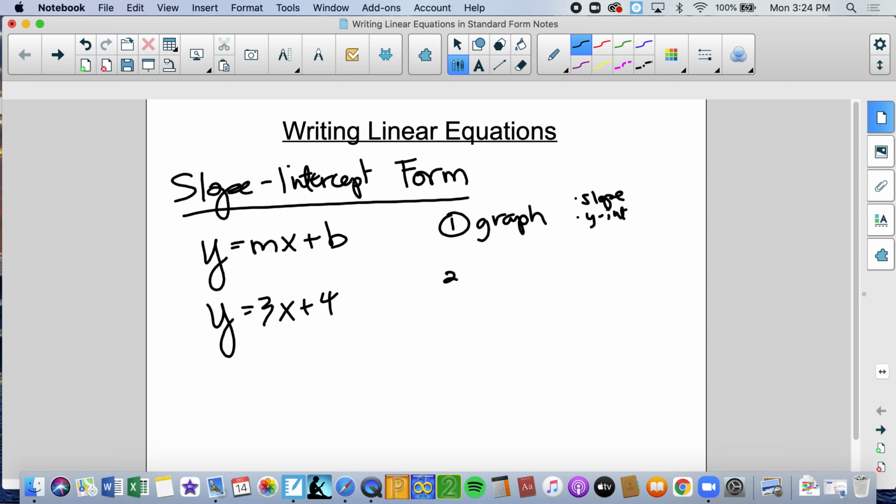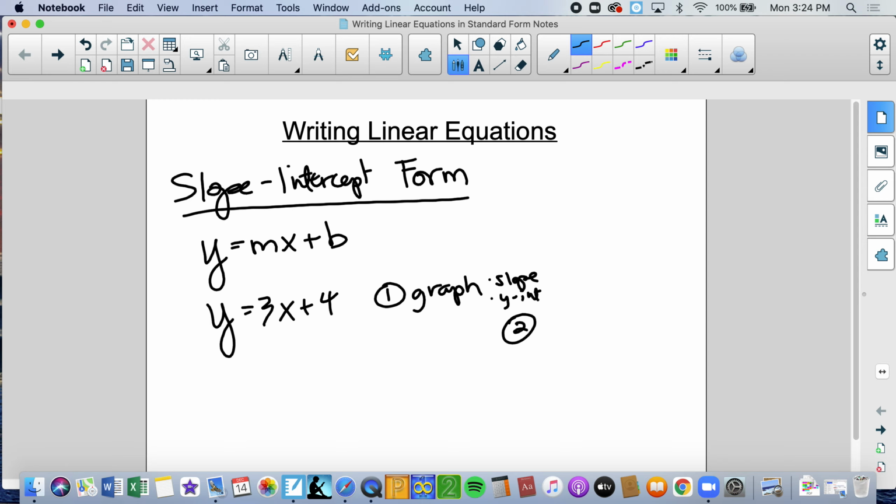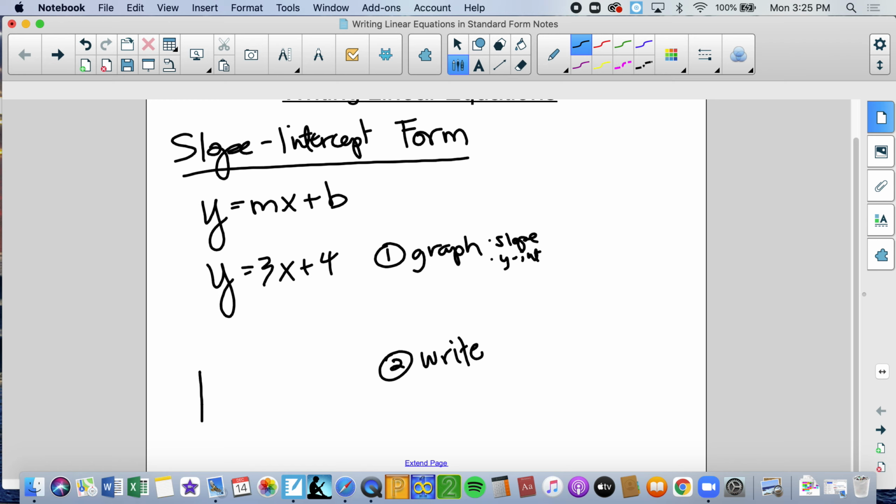And then the second part of that was we reversed it. The next thing we did was we learned how to write it. We were given a coordinate, or a graph, and we had to write an equation for that line.